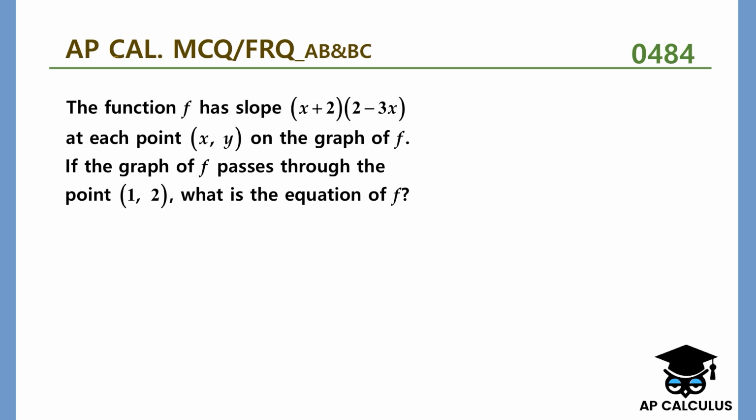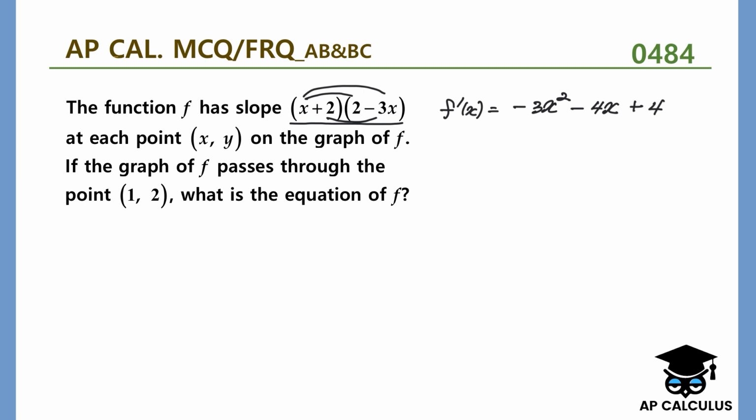So we have f prime of x is equal to x plus 2 times 2 minus 3x. If we expand this, x times negative 3x, that's negative 3x squared. And x times 2, that's 2x. 2 times minus 3x, that's minus 6x. So minus 4x. And 2 times 2 gives us 4.